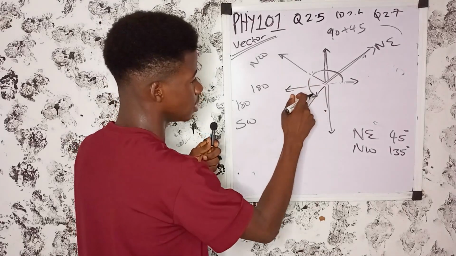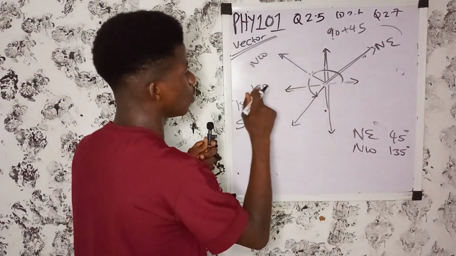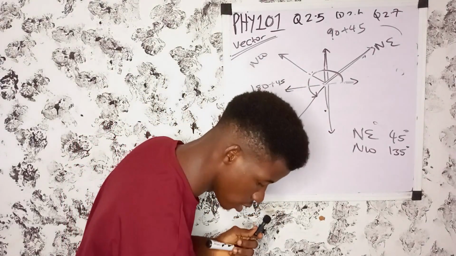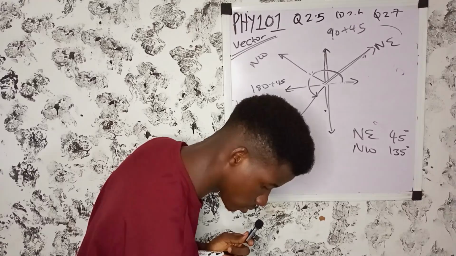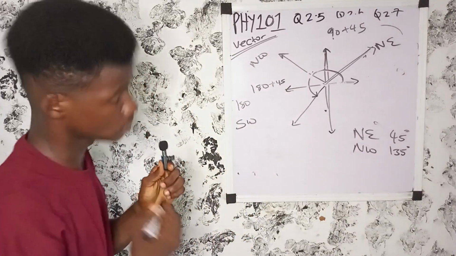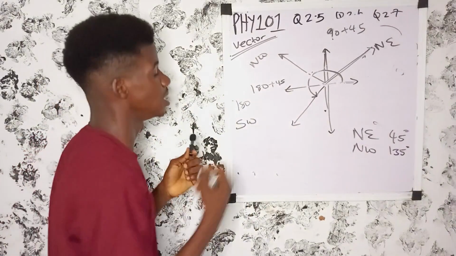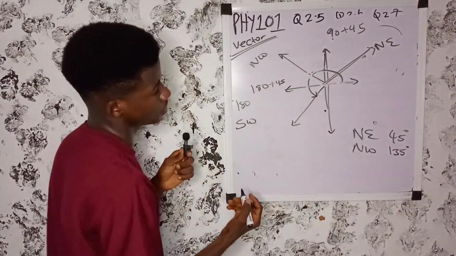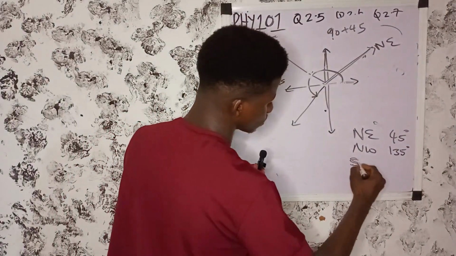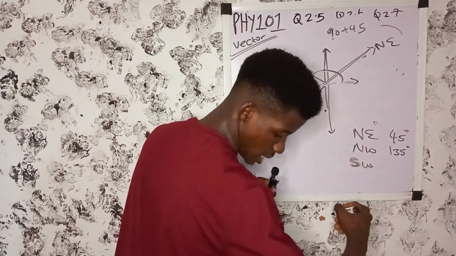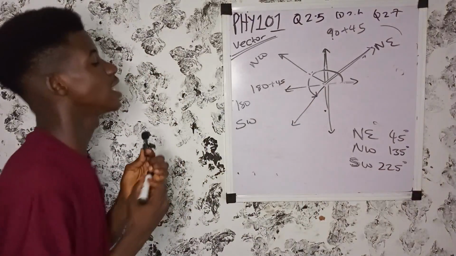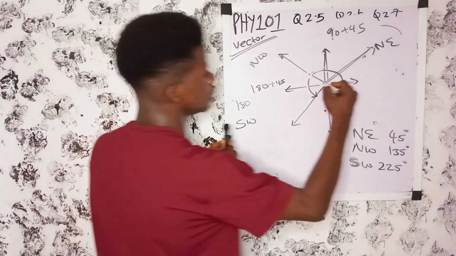Half of here is 45. 180 plus 45 gives us 225 degrees. So southwest is 225 degrees.